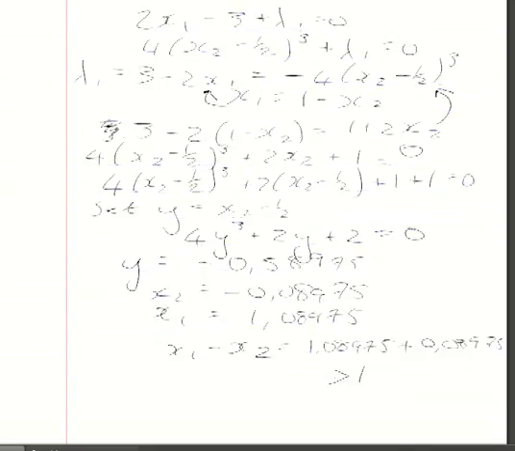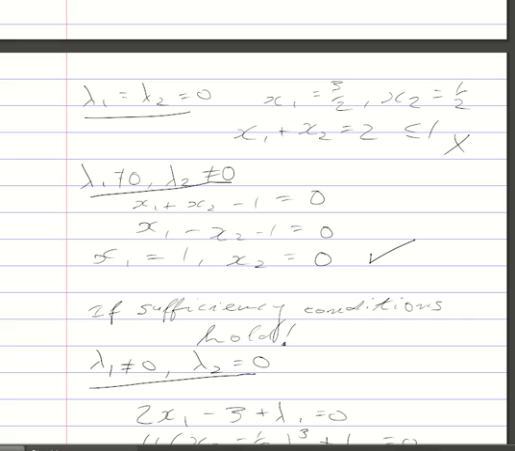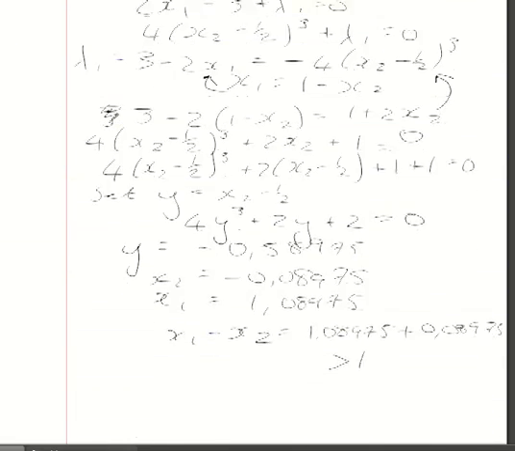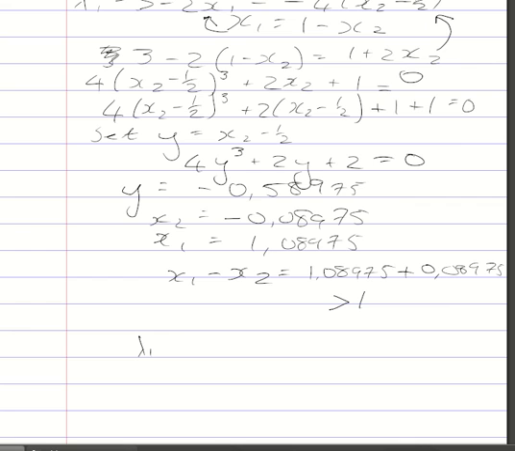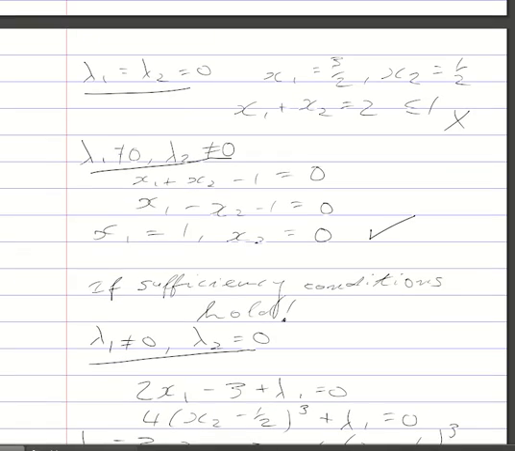Now, to be clear, in the exam you do not need to solve for all the cases. For instance, there's one case we haven't considered yet, which is lambda 1 is equal to 0, lambda 2 not equal to 0. But once you have found the solution, as you've done in this part here, you do not need to continue if all the constraints are satisfied and the sufficiency conditions hold.